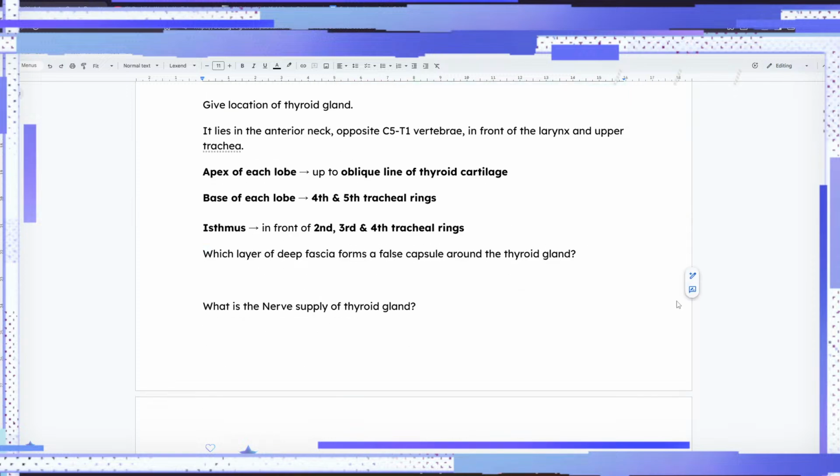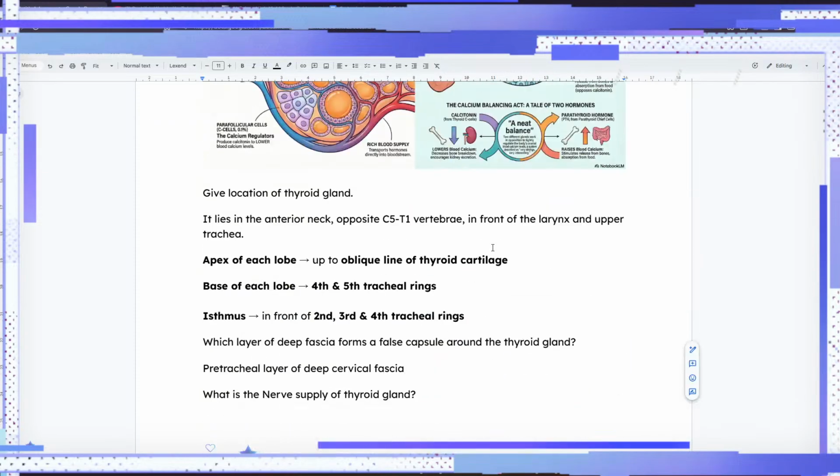I think it's the pretracheal layer of the cervical fascia. That's the answer for that question. What is the location of the thyroid gland? Its apex, base, and isthmus.